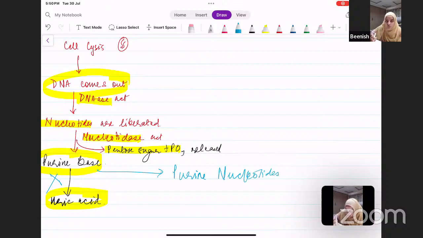The pentose sugar and the phosphate that were removed are added back to these purine bases, and they are salvaged back to purine nucleotides. Then this purine nucleotide can again be used for DNA synthesis. In this way, the body is trying to conserve energy.